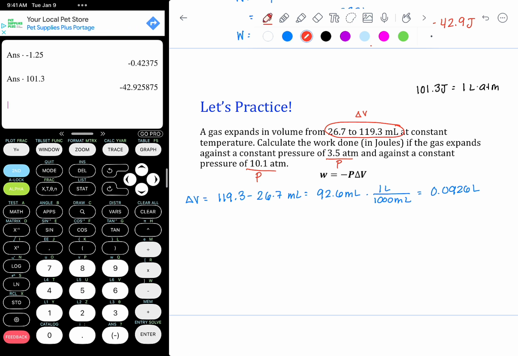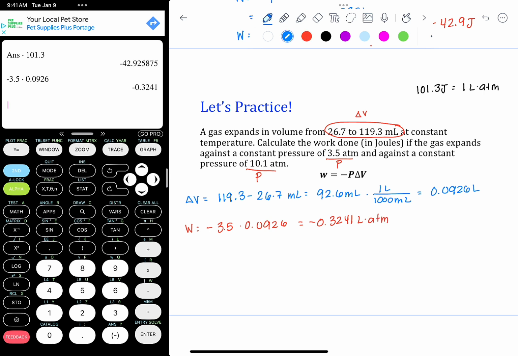So for the first one, our pressure is 3.5 atm. So W is equal to negative 3.5 times 0.0926 liters. That gives us a work value of negative 0.3241 liters times atm.